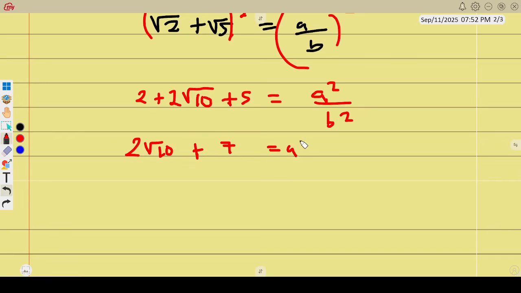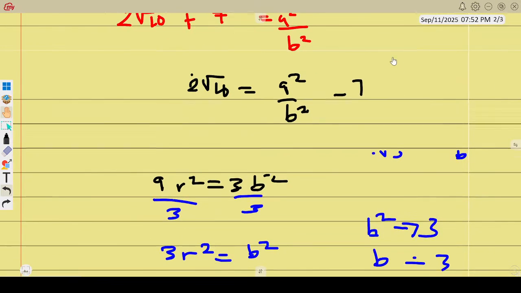So this is equal to a squared over b squared. And then from here we collect like terms. We just want to take this to the other side. We have 2 root 10 on this side is equal to a squared over b squared minus 7.